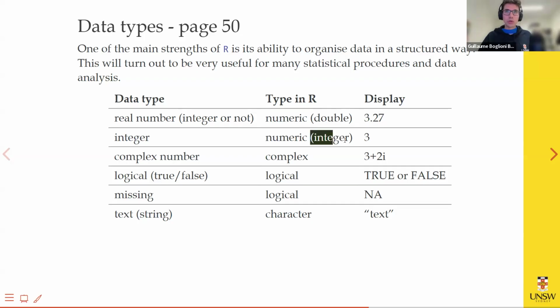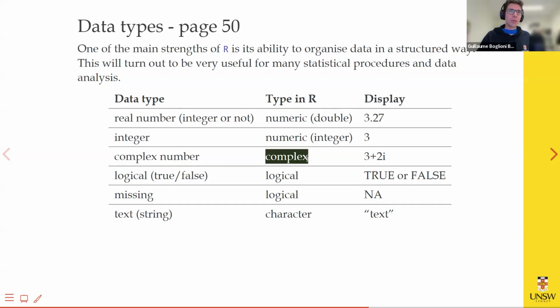An integer, you know very well what it is: 3, 4, 5, etc. There are no decimal places. You can have negative integers, -1, -2, -3, etc. But a double allows you to have decimals. And the way R internally stores those two types is a bit different.